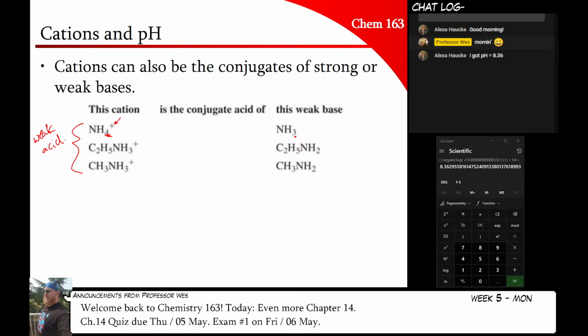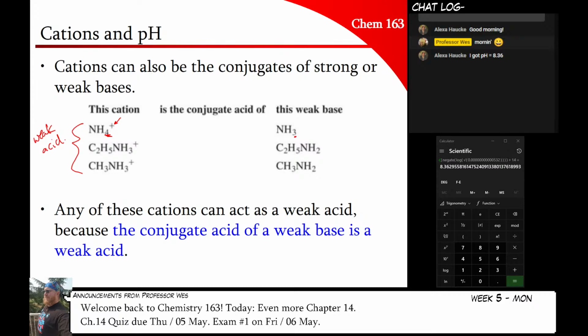Now, they do look kind of strange. There's just a bunch of C's and H's and an N in there. But remember that nitrogen-containing compounds are typically weak bases. And if you make them cations, they become weak acids because they are the conjugate of that weak base.